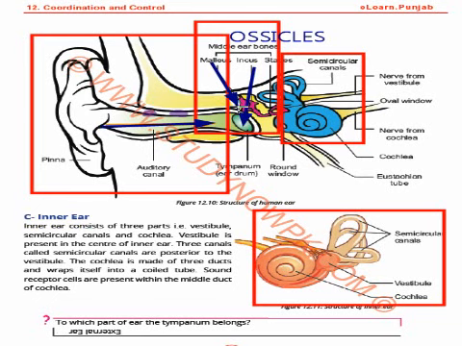Malleus is attached with the eardrum, then comes the incus and then the stapes. This pink one is the stapes, and it is connected to the oval window. The oval window separates the middle ear from the inner ear. So you have to remember two things: the tympanum, or the eardrum, separates the outer ear from the middle ear, and the oval window separates the middle ear from the inner ear.